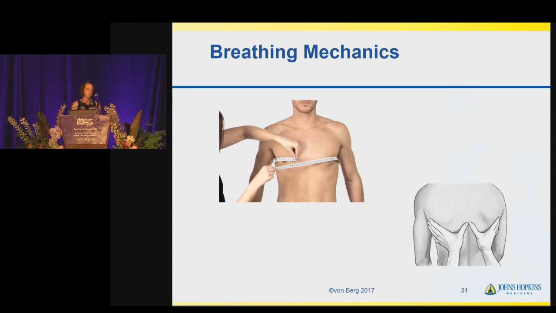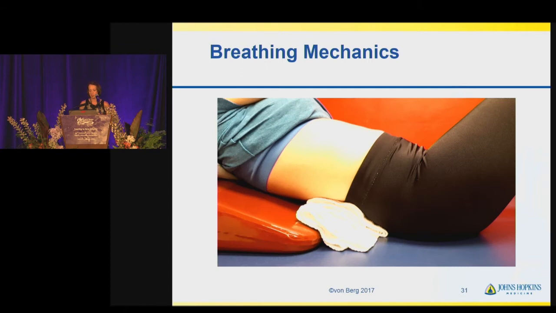You know, are my hands moving apart from each other? Measurements is something that I really like to do, taking a tape measure around the chest and looking at how much expansion people get with normal breathing and also with deep breathing, doing measurements for the upper, mid, and lower chest.